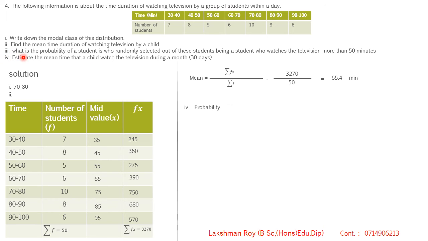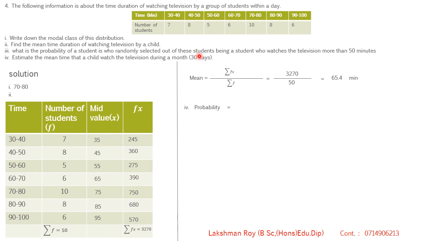That one says, what is the probability that a student randomly selected out of these students watches television more than 50 minutes? Here sigma f, the addition of the f column, is the number of students. So you have to choose a student from these 50 students.